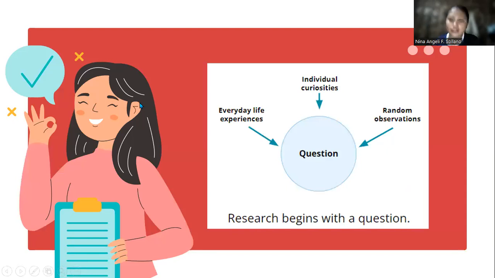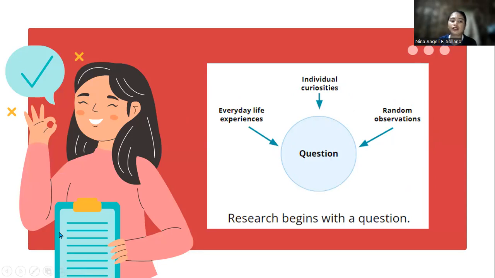How does it begin? Research begins with a simple question. And that question could come from your everyday life experiences, your individual curiosities, or random observations. Everyday life experiences, for example, you have noticed that every morning it's very traffic. So you ask why?